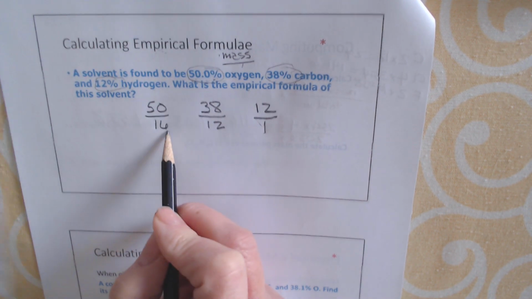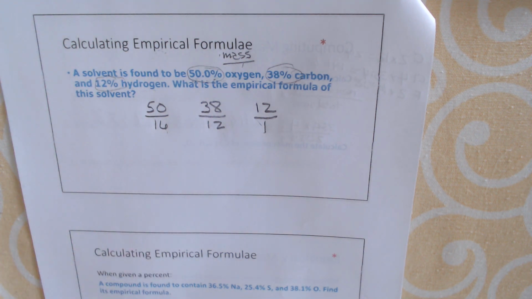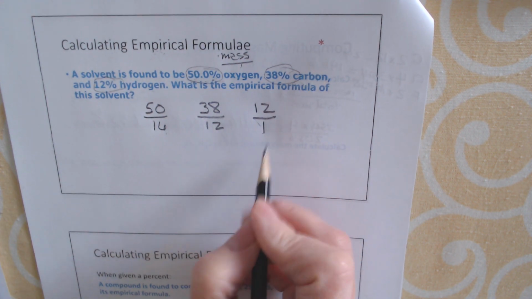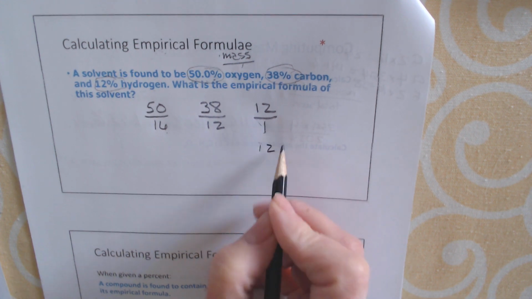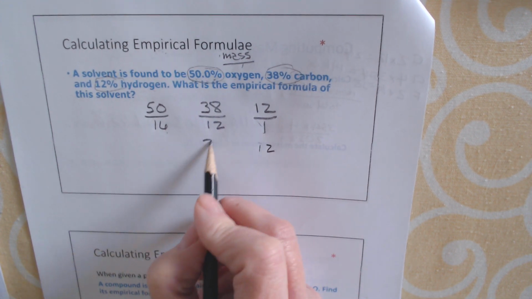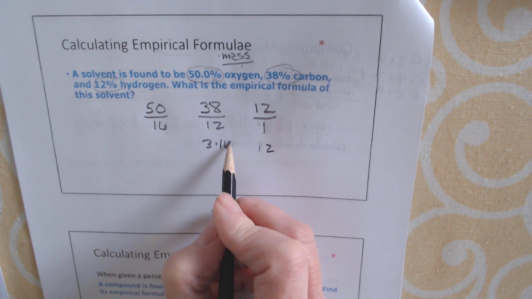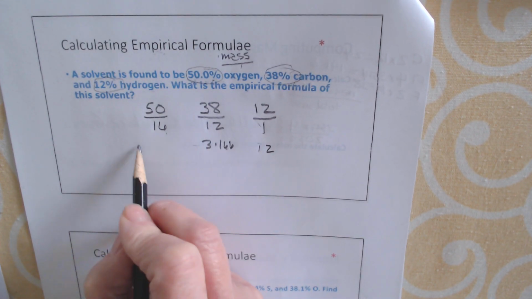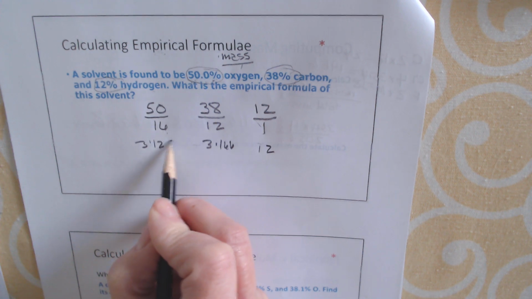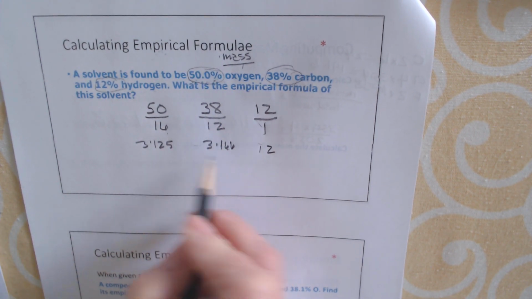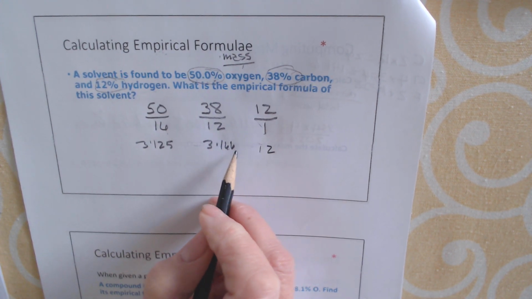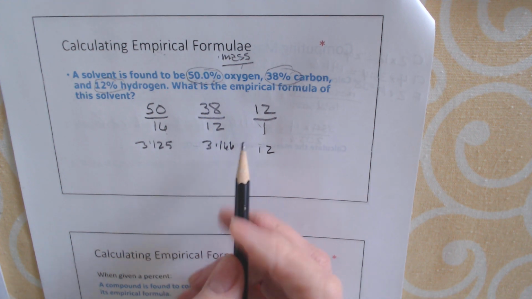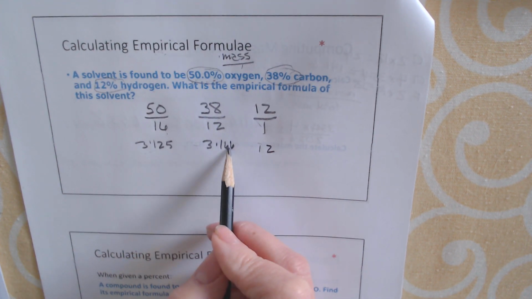When I do these divisions, what I end up with is generally not quite perfect numbers. Now here I do. I've got a 12, right? That's nice and clean. Here I've got a 33.166, not clean. Here I've got 3.125, right? So when I divide these, I am not getting crisp, clear integers, right?